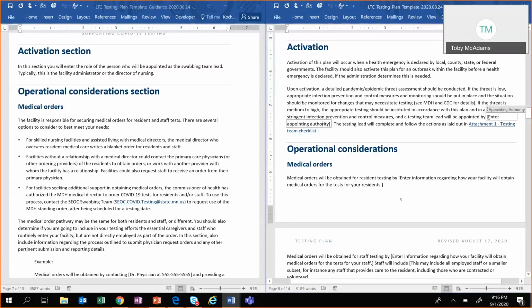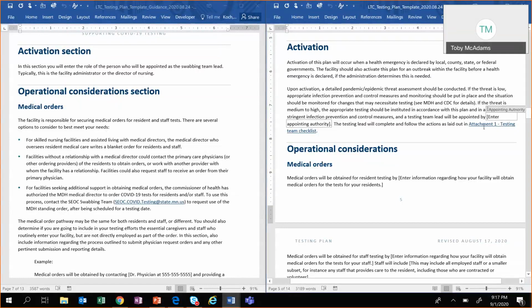And so we would put that information, but then, let's say as a scenario, my facility administrator says, all right, we are activating this testing plan and I'm appointing you, Angie Cuck, to implement the plan. And I say, great, where do I even start?